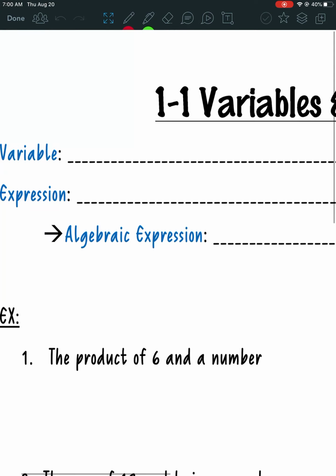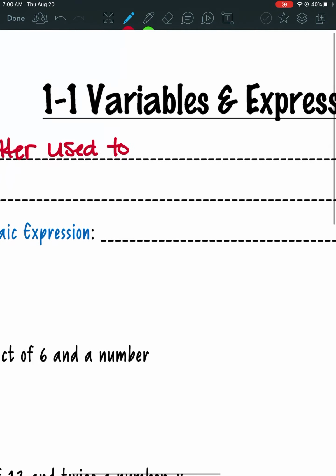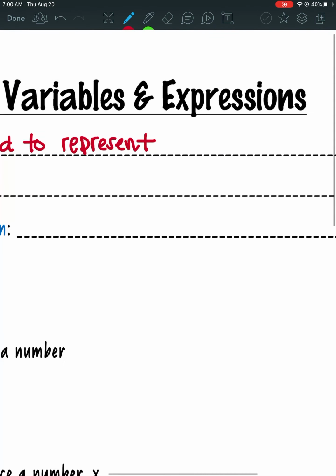So first of all, what is a variable? Hopefully we know by now that a variable is simply a letter used to represent an unknown number. So a letter used to represent a number that we don't know.